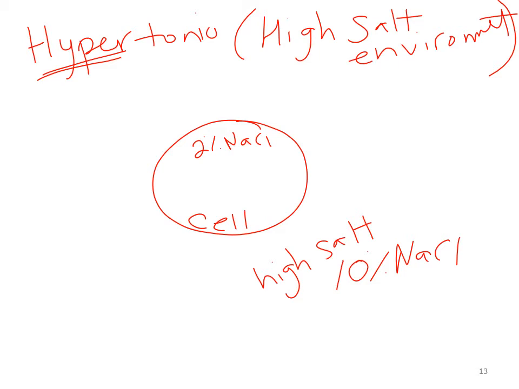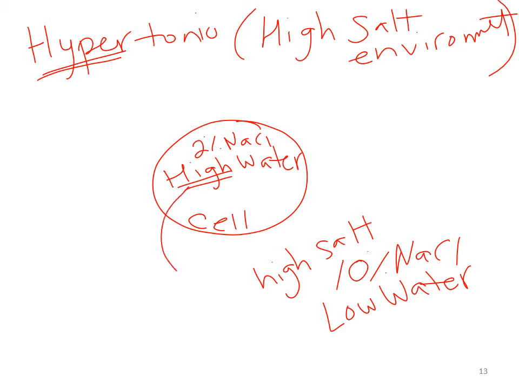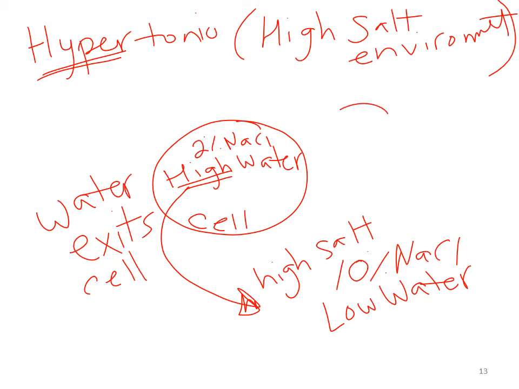That tells you low water, versus what will be inside the cell, high water. As soon as you see high water, where does the water like to move? From high to low. So it's exiting the cell. So water exits the cell. It shrinks.